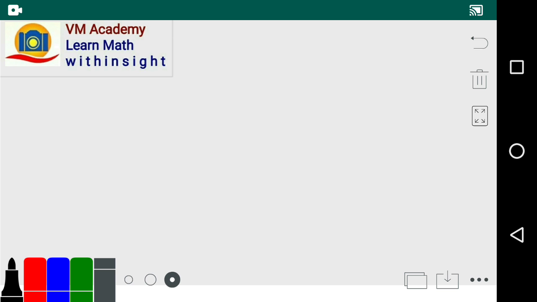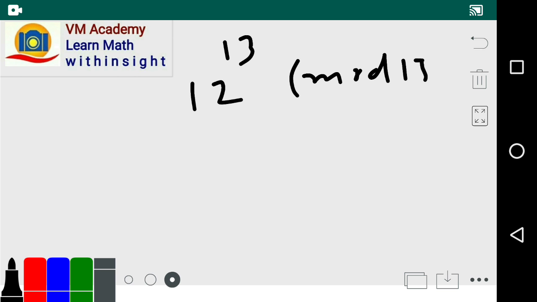An example, friends: it helps us in computing something like 12 raised to 13 modulo 15. Let us take a smaller example, 12 raised to 7 modulo 15.